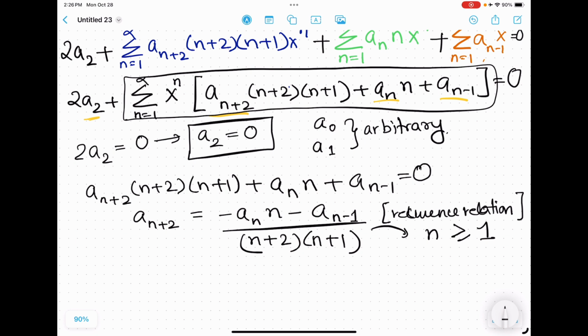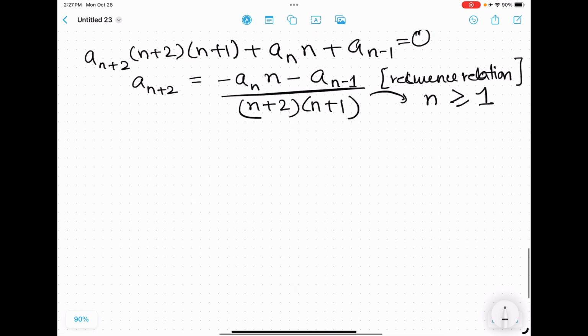Now, according to my question, I'm supposed to generate some terms from my recurrence relationship. So let's go ahead and do that. We know that our n starts from 1, so let's plug in those values.